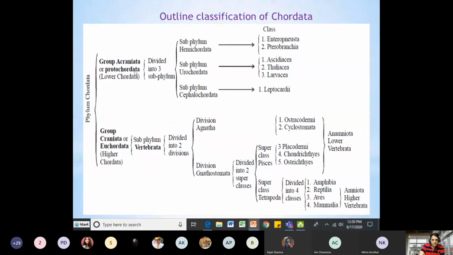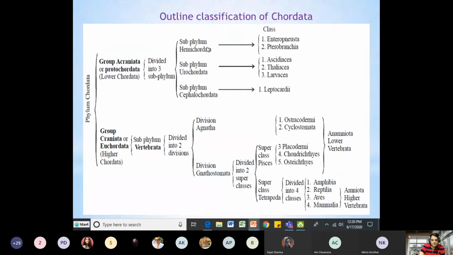They are also called protochordata, or lower chordata. The second group is Craniata, meaning with skull, in which the brain is protected, also called euchordata, that means higher chordates.